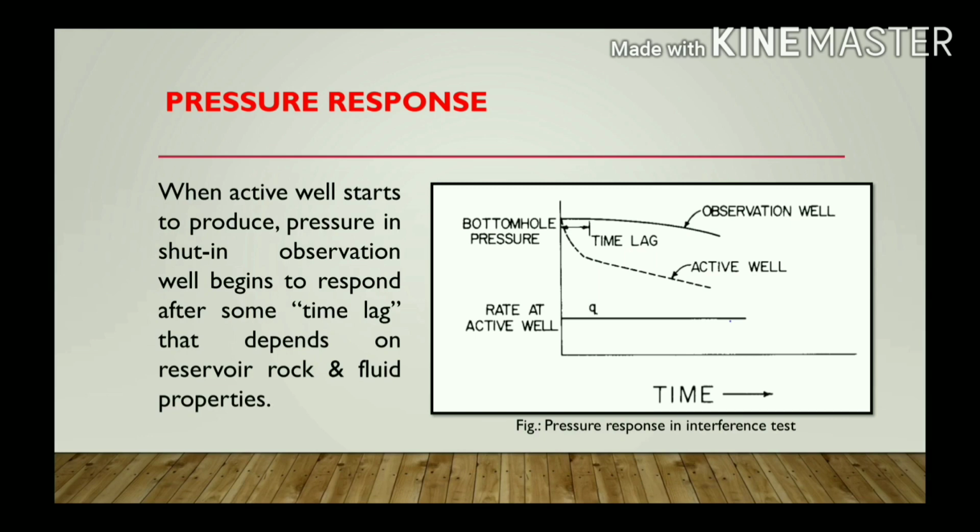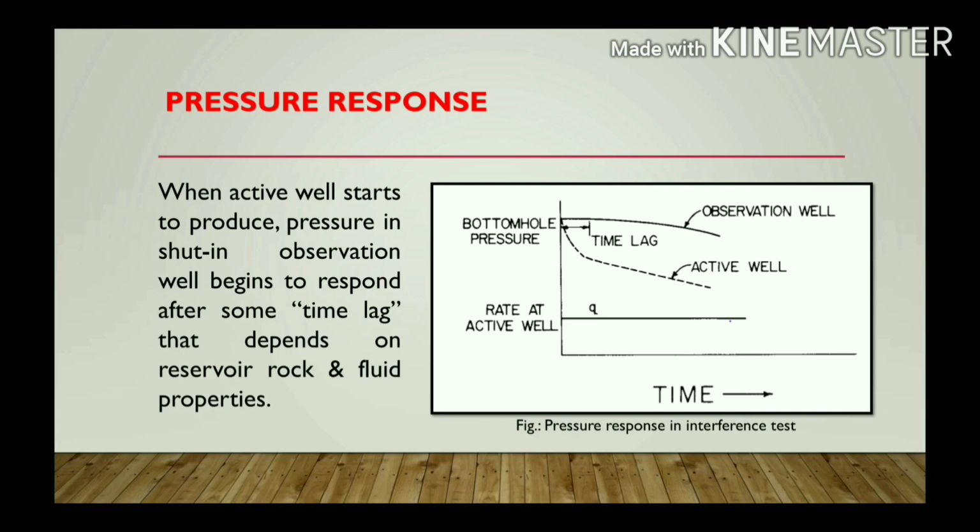As the active well produces hydrocarbons or any other fluids, its bottom hole pressure decreases with time. But the same thing is not reported in the observation well. At the initial time the observation well has a constant pressure. It does not show any change in bottom hole pressure.